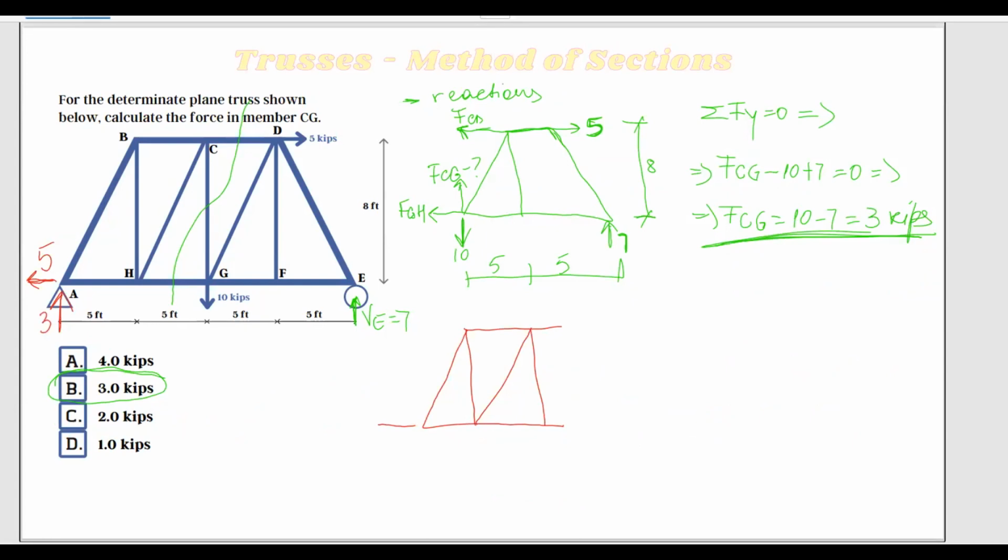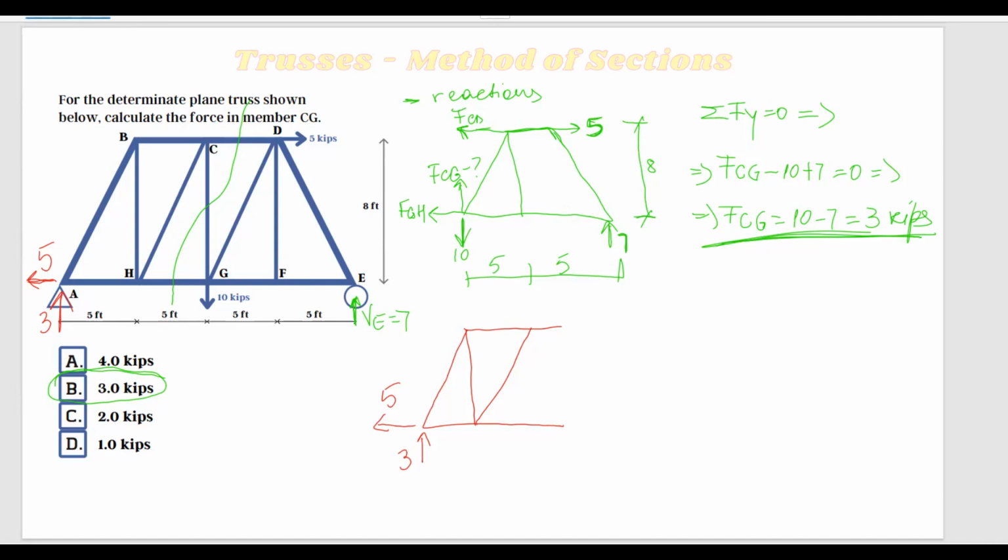There you go. So if I am to use this left side, I'm going to represent the reactions just like that. And then the easy part is that we don't have any other forces, because the 10 kip force and 5 kip force are on the right side. Let me correct this.